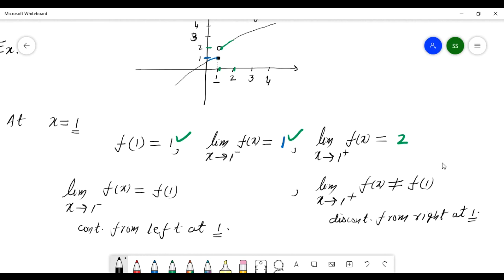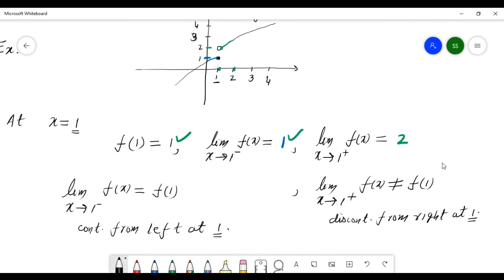Okay. Left limit means look at the left side of the graph. When x is close to the number from the left, then where is the graph going? And right limit means look at the right side of the graph. When x is close to the number from the right, then where is the graph going?